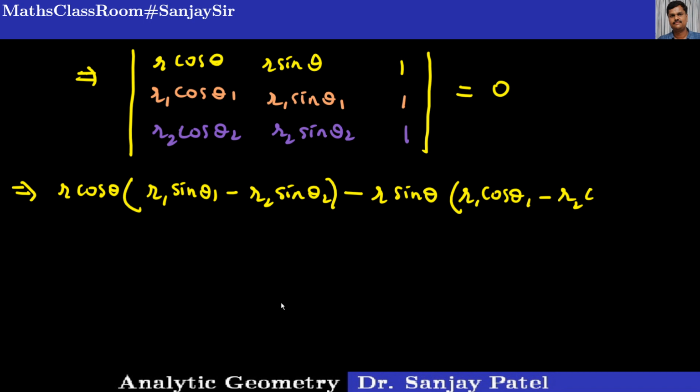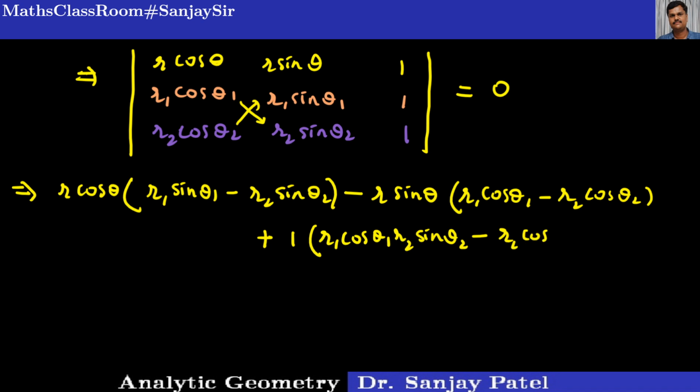And the last term, that is plus 1 into, hiding the first row and third column, we get r1 cos theta 1 into r2 sin theta 2 minus r2 cos theta 2 into r1 sin theta 1. This is equal to 0.